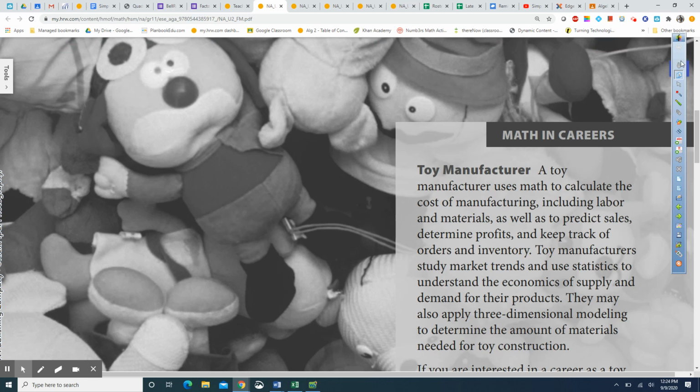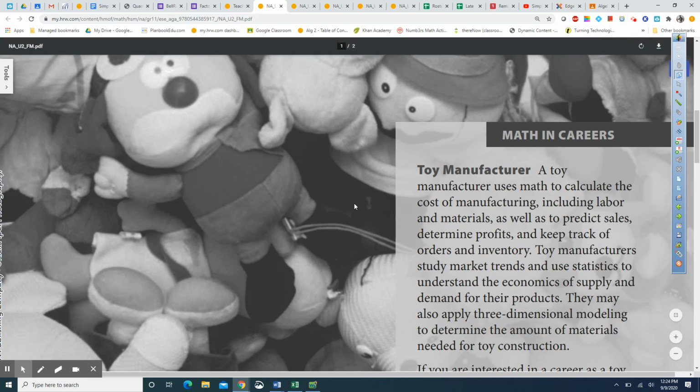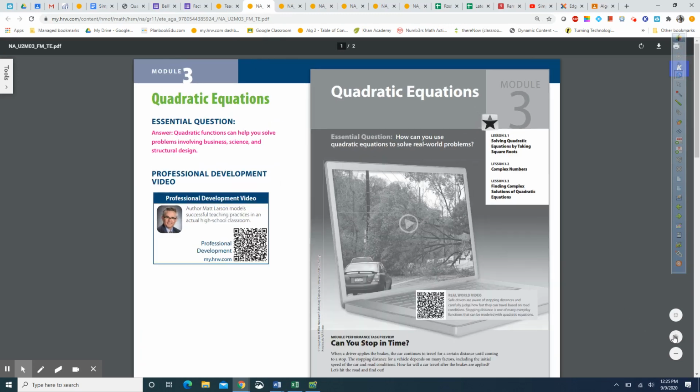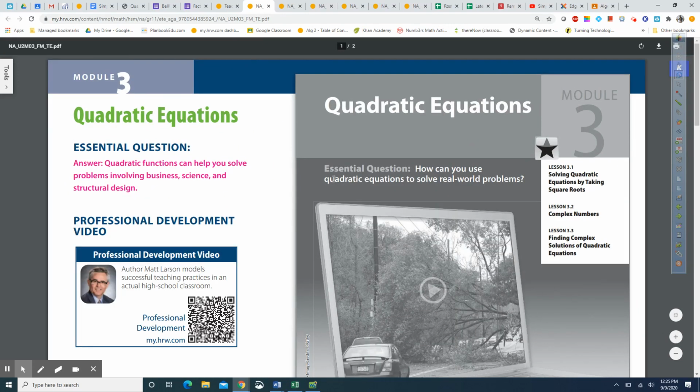But we're going to move on now to talking about quadratics, and our focus is really going to be how can we solve quadratics? Okay, and we're going to look at several different methods for that. Voila, finally we got there. Quadratic equations, okay? And look at this: how can you use quadratic equations to solve real world problems? We're going to look at 6 different ways to solve quadratics.